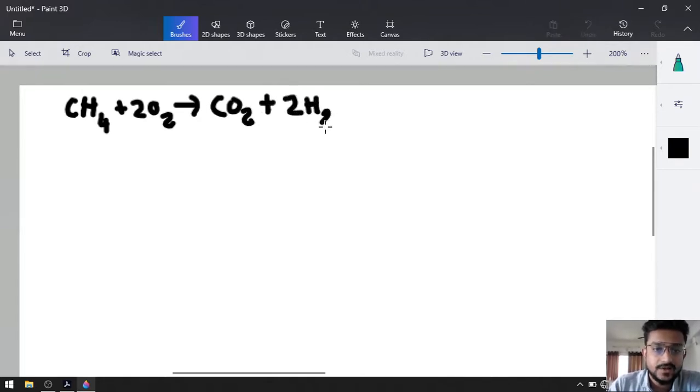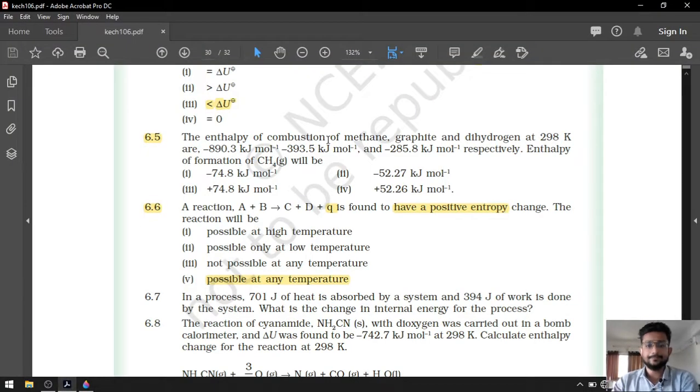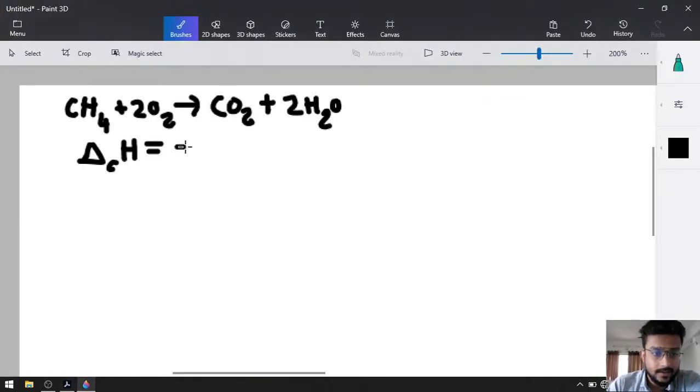For this reaction, the combustion enthalpy ΔcH is equal to minus 890.3 kilojoule per mole.